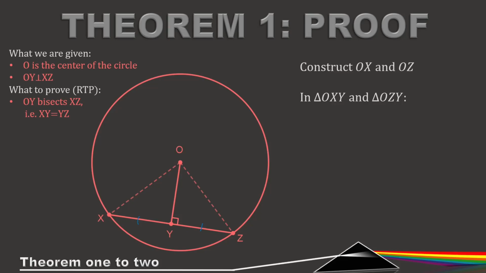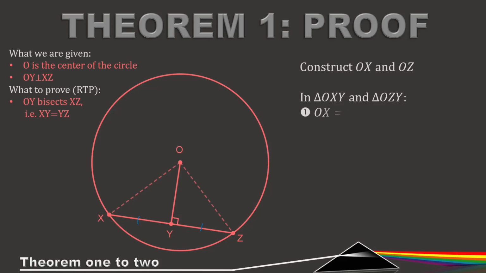Congruency basically has a set structure that you can just follow, okay? The first thing is you say in which two triangles you're working. That's easy enough. Then you have to list 3 things that are equal, but for congruency, at least one of them must be a side. Because when you prove similarity, the structure looks exactly the same, except it's always 3 angles. And with congruency, at least one side.